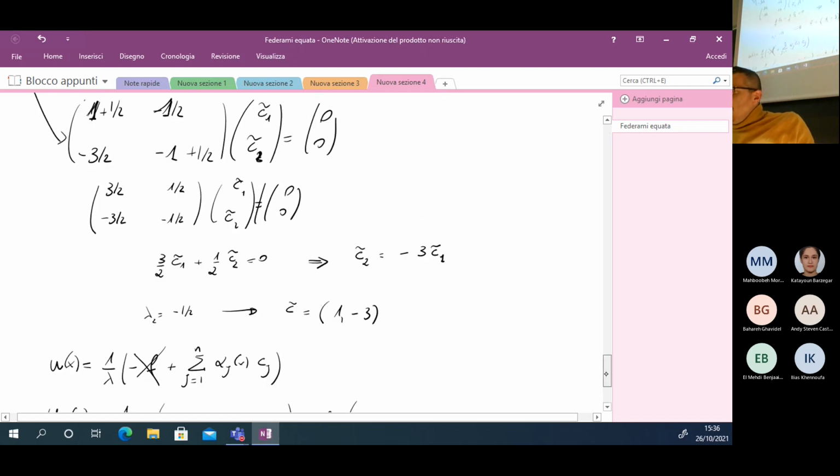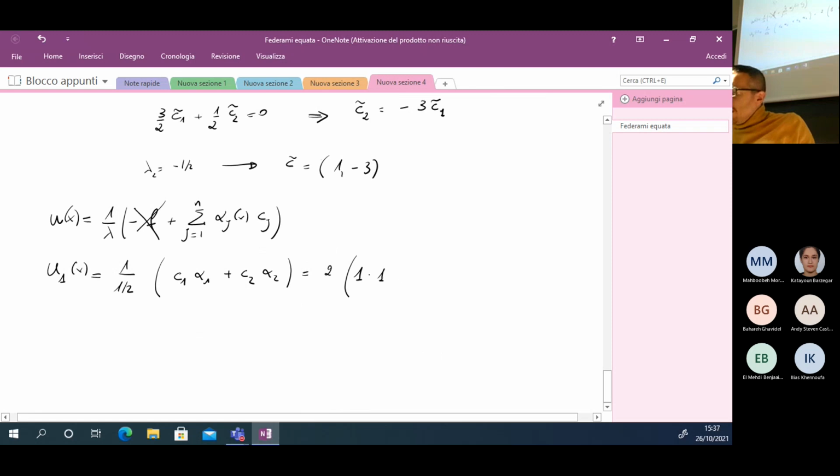And then I have C2, which is minus 1, which multiplies alpha 2, which is minus 3x. I don't remember, I think it was minus 3x. So this gives me 2 that multiplies 1 plus 3x. And this is the first solution.